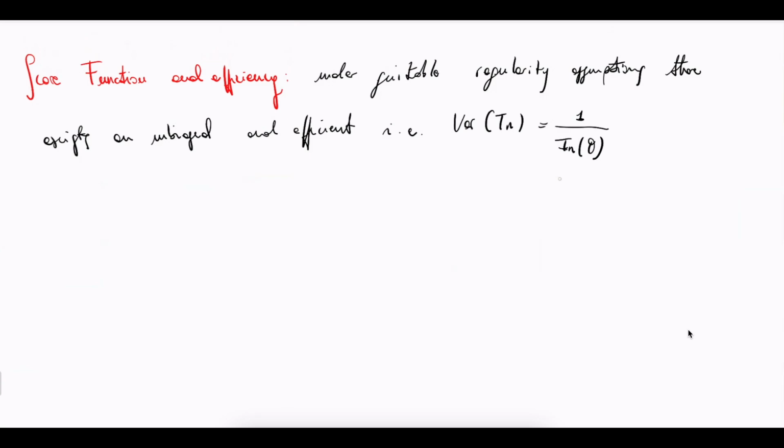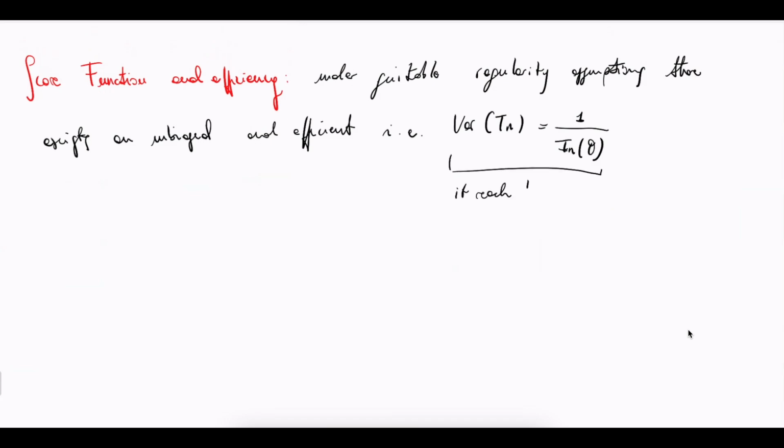It will be a Hessian matrix if it's not scalar but a vector. Hence, this basically means it reaches the Cramér-Rao limit, right? So it is efficient if and only if.